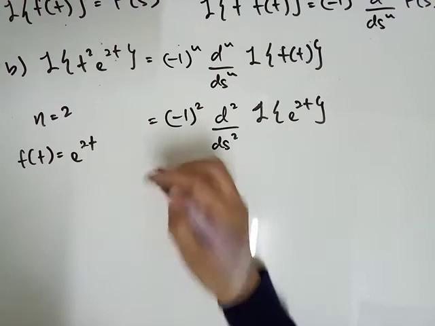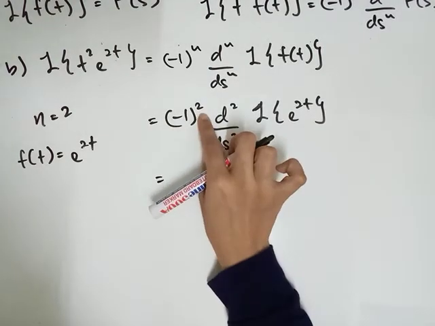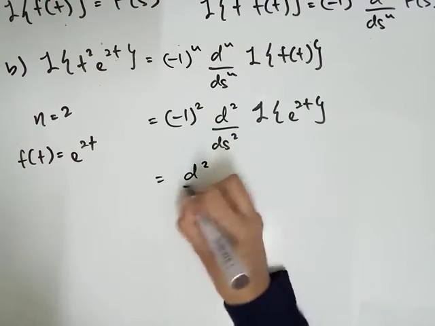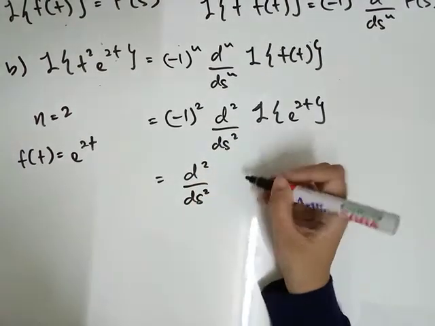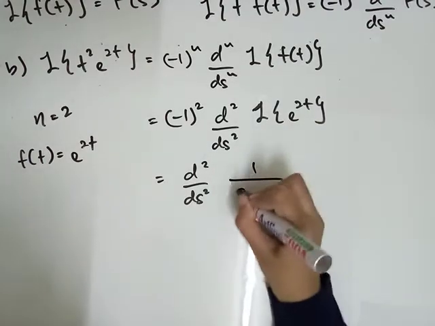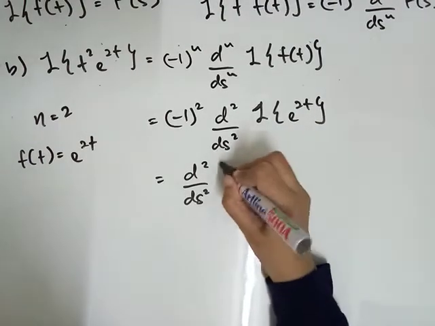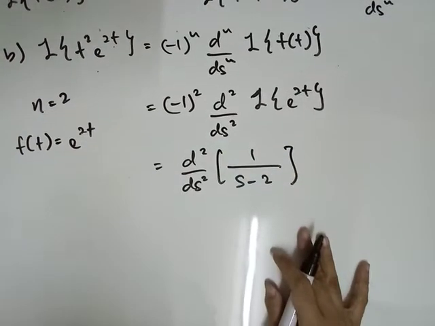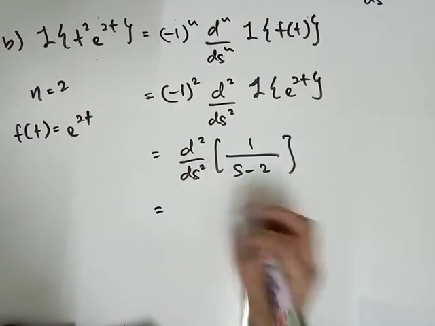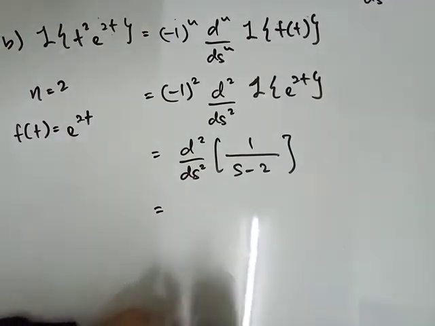Alright, -1 square is positive, so d square ds square, the Laplace of exponent 2t, is 1 over s minus 2. Okay, refer to your table. Then differentiate this one.